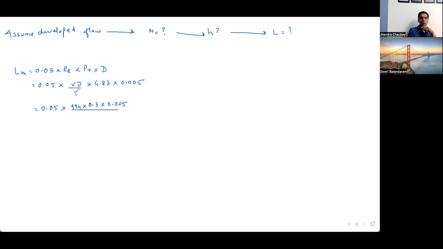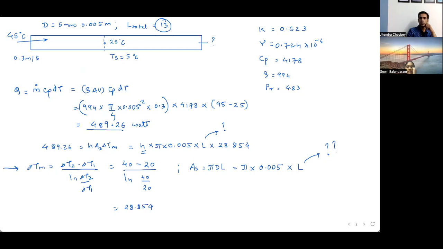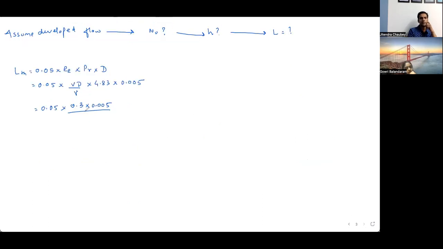Take it as V D by nu, so you can get rid of one step. So it is 0.3 into diameter 0.005, and kinematic viscosity is 0.724 into 10 raised to minus 6, into 4.83 into 0.005. What was the value?